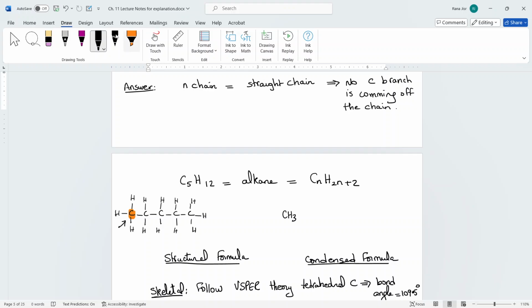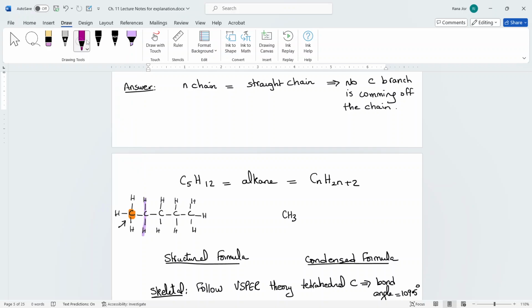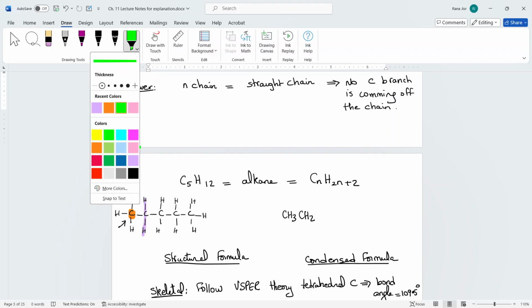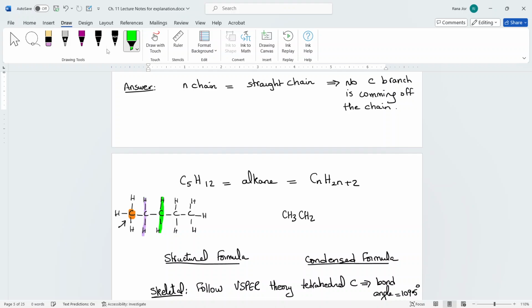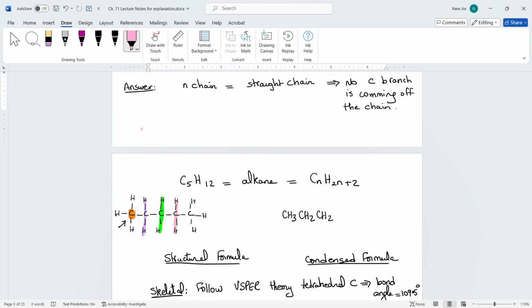That CH3 is connected to a CH2, so I'm just going to have my CH2 there. And that CH2 is connected to another CH2, and I'm just going to put it right next to it. And then I have another CH2 here. And then I do have a CH3, so I'm just going to put the CH3.